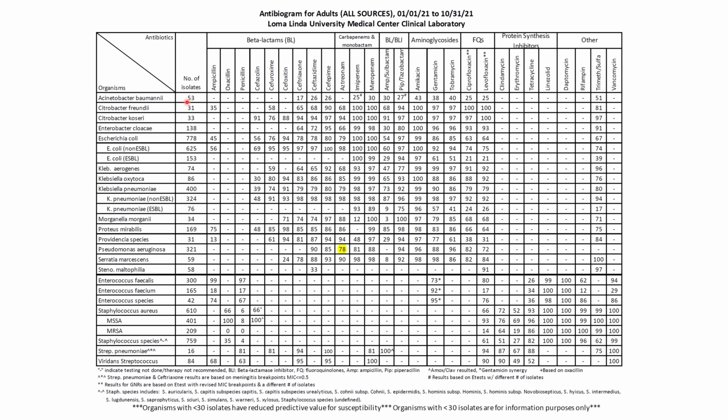In other words, if we sent 2 blood samples from the same patient and E. coli grew in both, that counts as one isolate. So if you had multiple patients, it tells you that over the time period this antibiogram is reporting, this organism was isolated in the lab 53 times.